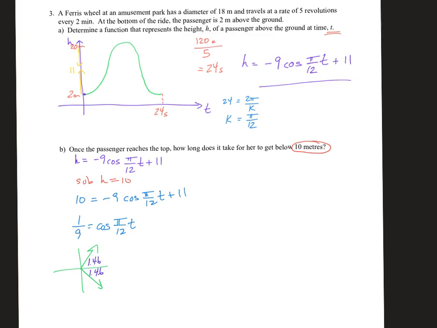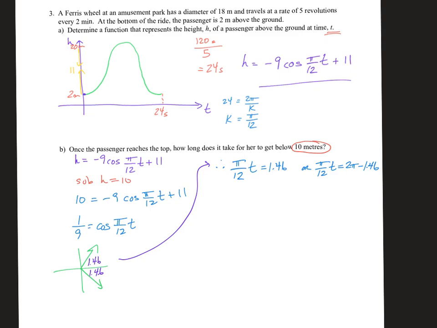And so if I come from that diagram up top, I then know that whatever's inside that ratio, pi by 12 t, has to give me 1.46 to put me in the first quadrant, or whatever's inside that ratio has to get me 2 pi minus 1.46 to put me in the fourth quadrant.